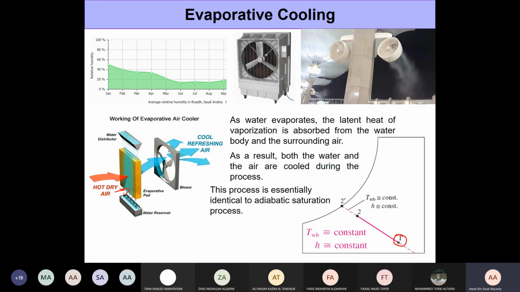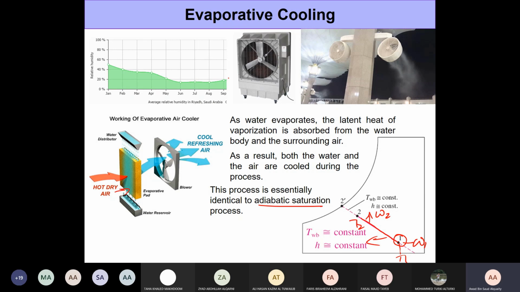The state basically moves on this line, so it goes from some initial moisture content omega-1 and a temperature T1 to a lower temperature T2, but a higher moisture content omega-2. Okay, and it tends to move along a constant enthalpy line or a constant wet bulb temperature line. And this process is very similar to the adiabatic saturation process that we discussed before. Okay, so this is the whole concept of evaporative cooling in a nutshell.